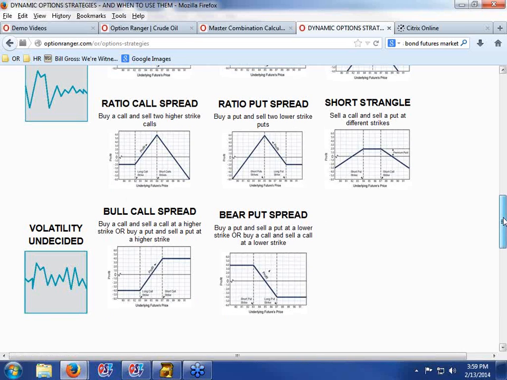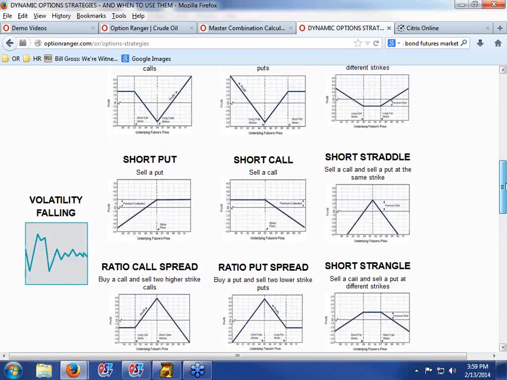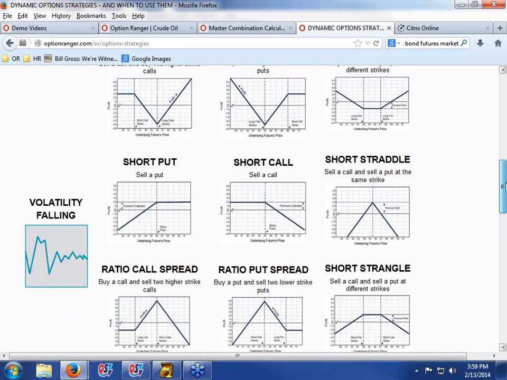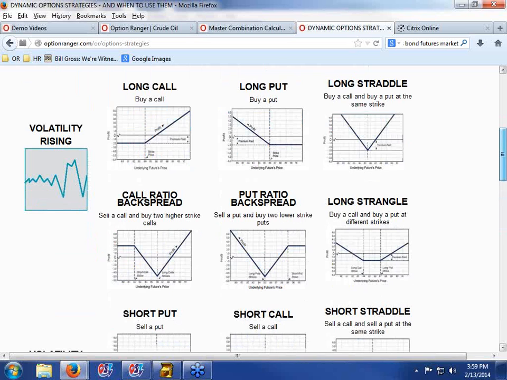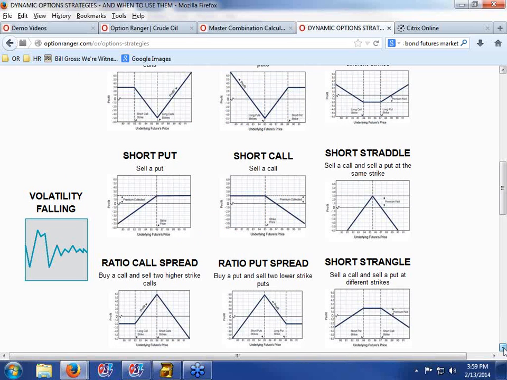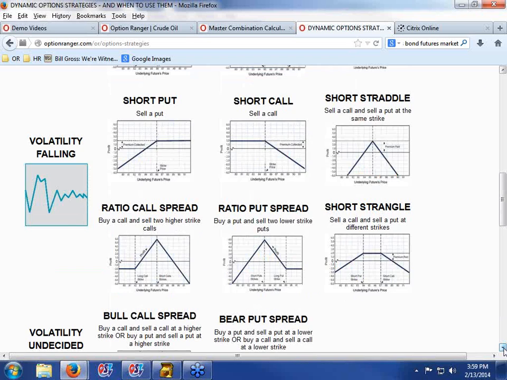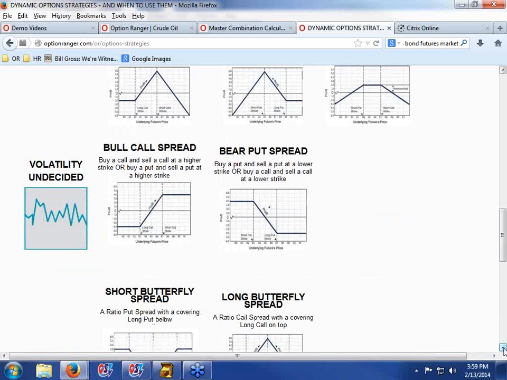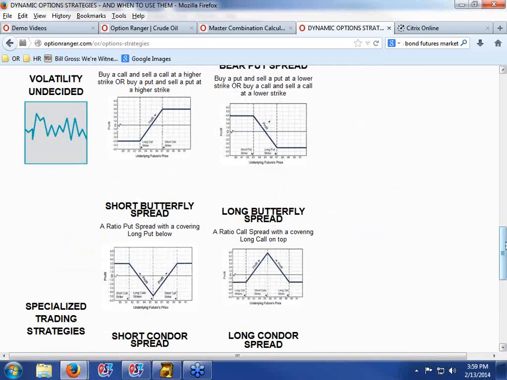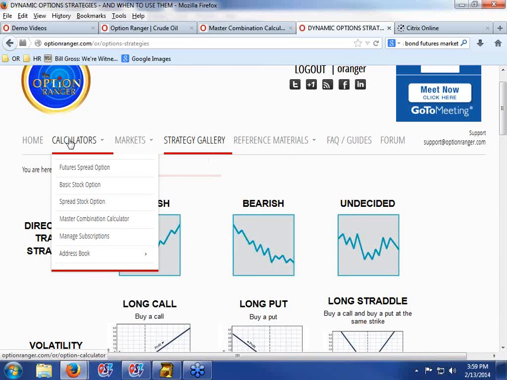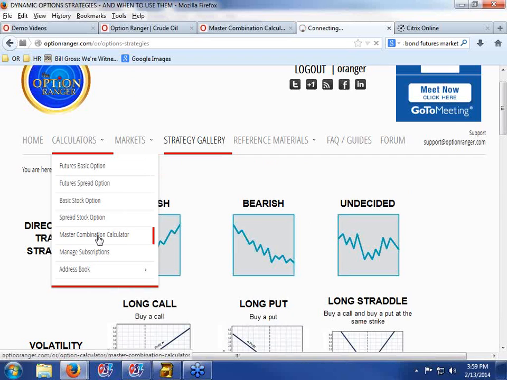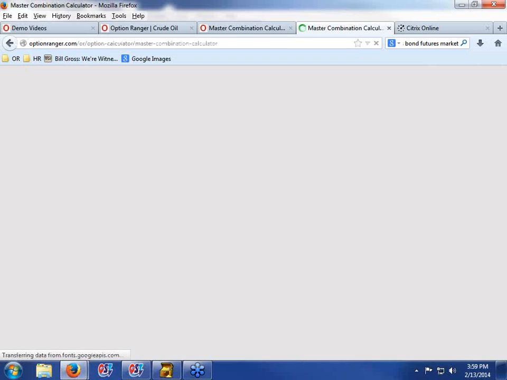Both of those are trades in the diminishing volatility category, and it's a place where you can model out some of the values. Remember also, you can just do one leg. So let's go back to our recent trade in the strategy gallery, in the master combination calculator under saved tabs.